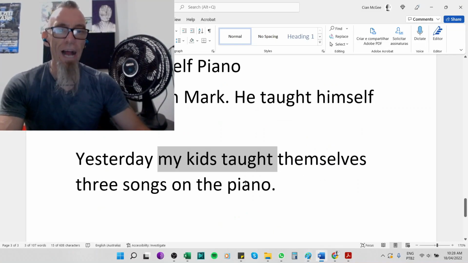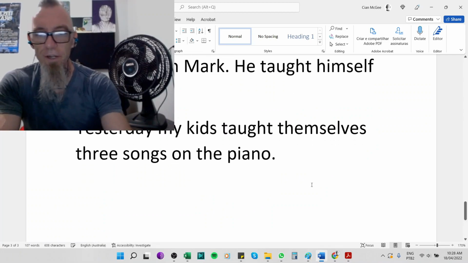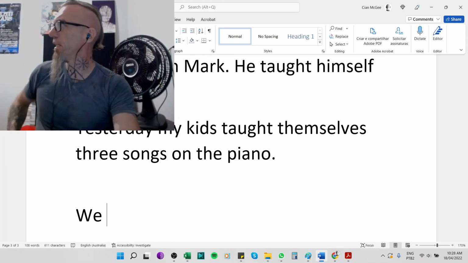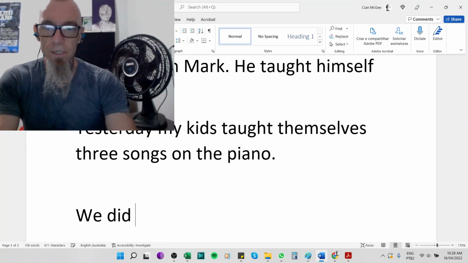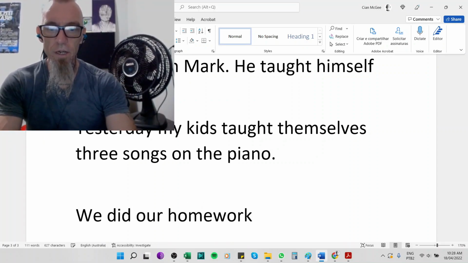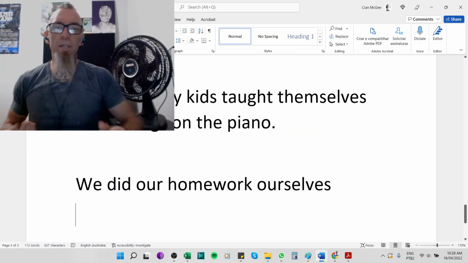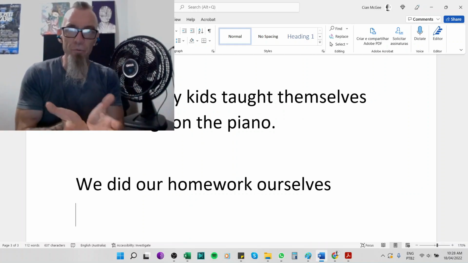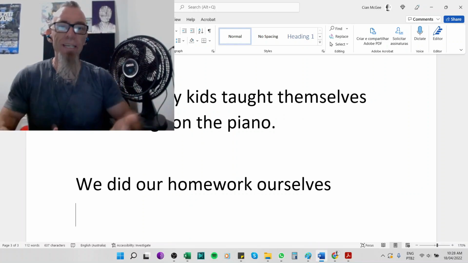So when we do something ourselves, for example, we did our homework ourselves. Does that mean we helped each other? No, it means that together as a group, we sat and we did our homework.